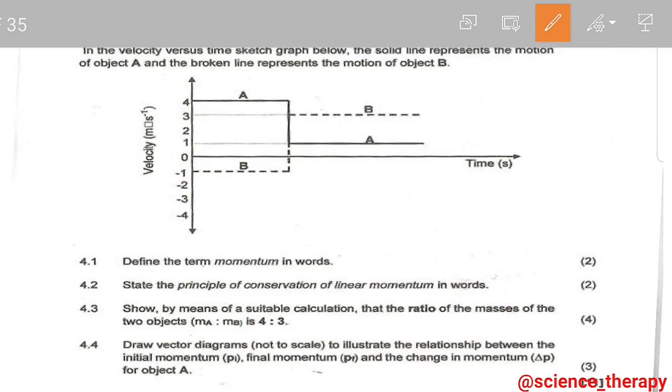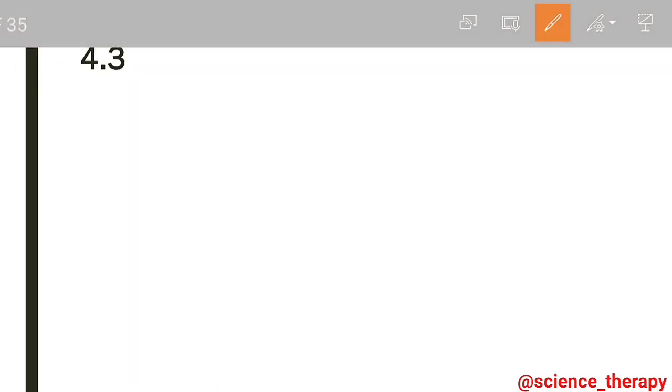Now let's try to answer that question. It says show by means of a suitable calculation that the ratio of the masses of the two objects is 4:3. Now we know that a question like that, which requires mass, means we need to consult the principle of conservation of linear momentum, whereby we'll say that the sum of momentum initially is equal to the sum of momentum finally.